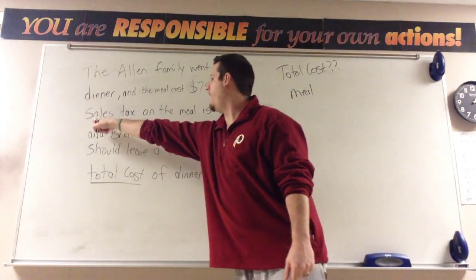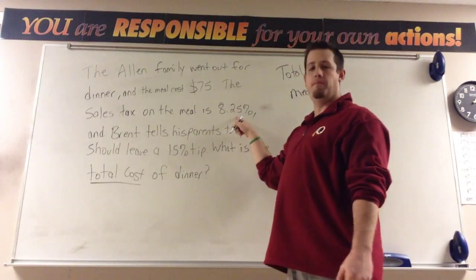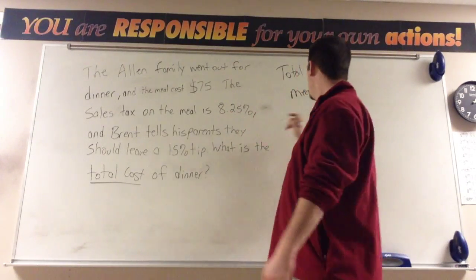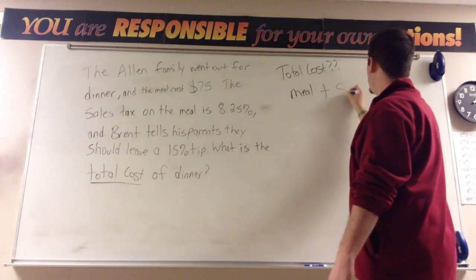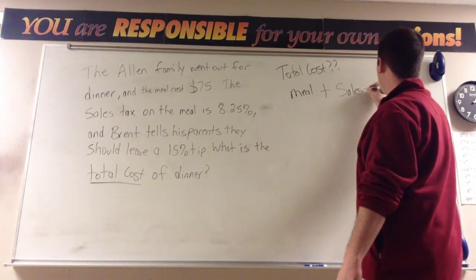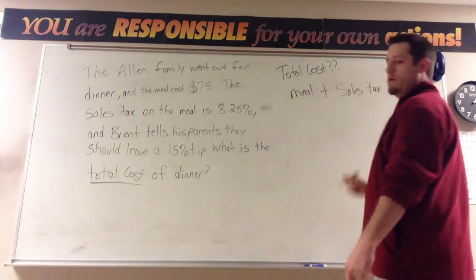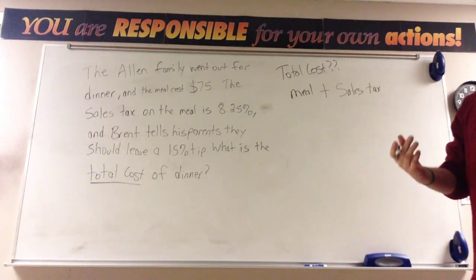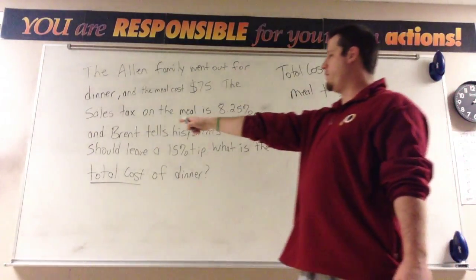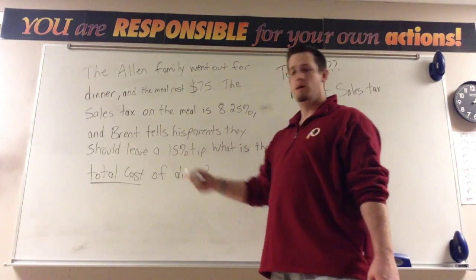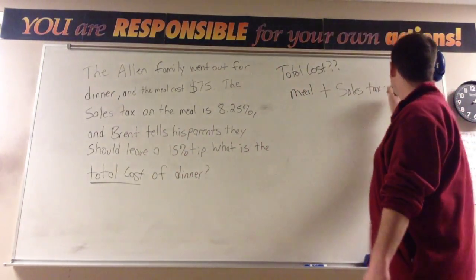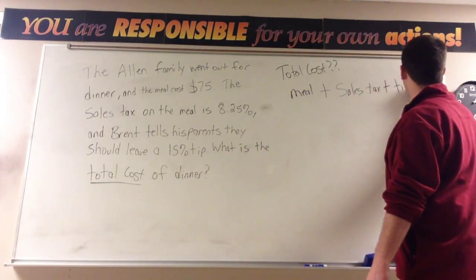Well, we know that the sales tax was 8.25%. That's also a part of the total cost, right? Then the last thing we know is that Brent tells his mom and his dad to leave a 15% tip. So the last thing we have is our tip.